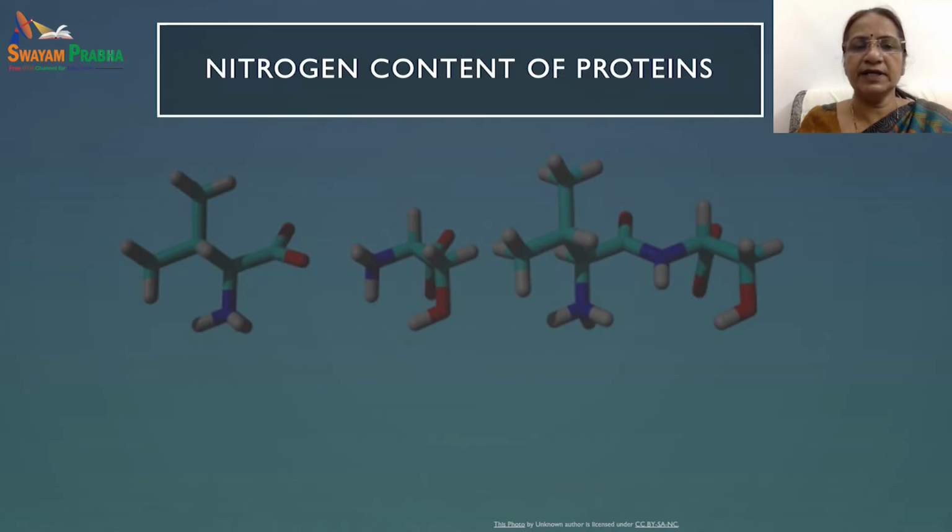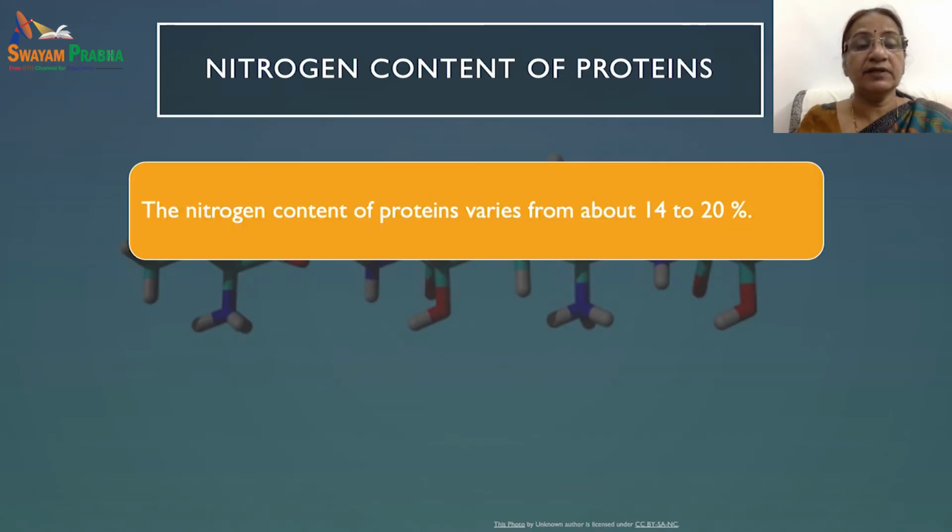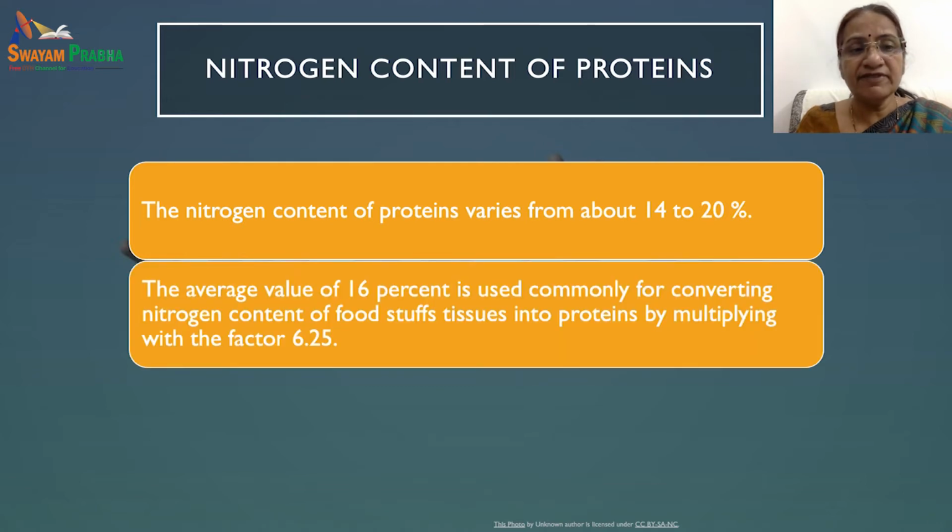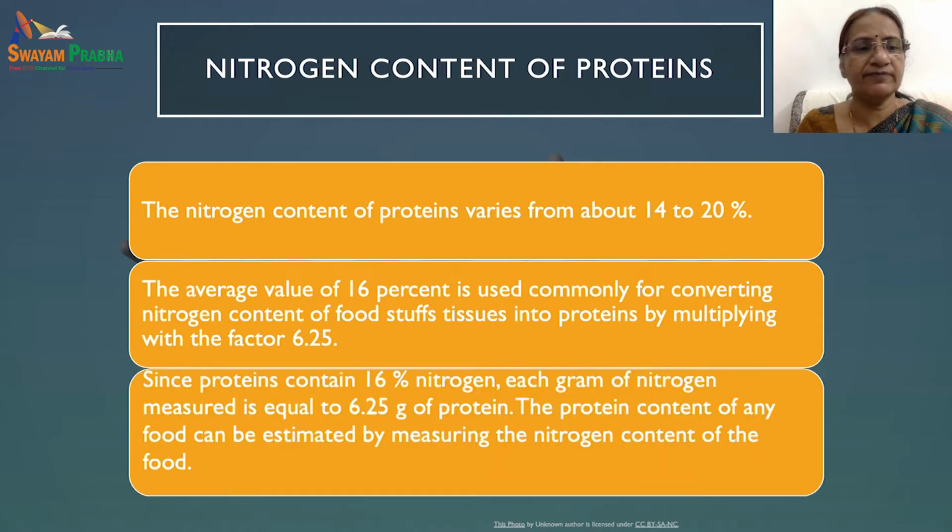Now the nitrogen content of proteins. The nitrogen content of proteins varies from about 14 to 20%. The average value of 16% is commonly used for converting the nitrogen content of foodstuffs and tissues into protein by multiplying with the factor 6.25.